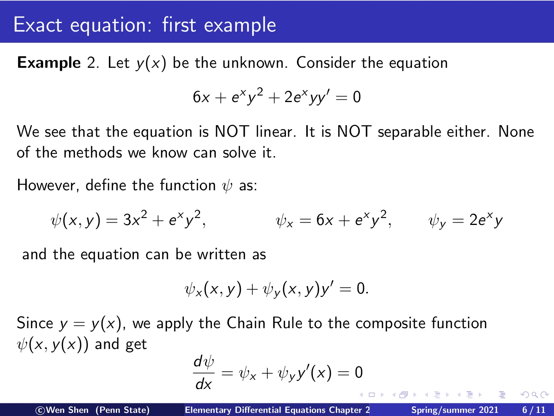So let's consider a function psi of x, y of x, and do the derivative d psi/dx. We will get psi_x plus psi_y y', which is exactly the left hand side of this equation, so it equals 0. So we basically know that d psi/dx is 0 for the psi function we defined here.